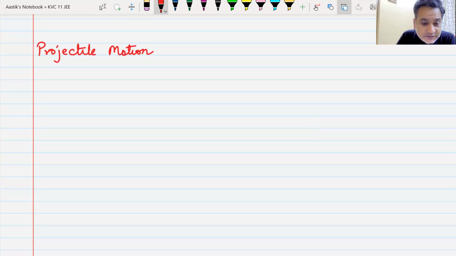Now, as soon as we say that projectile motion is an example of motion in 2 dimension, first of all, we need to understand what we mean by a projectile, or what we mean by projectile motion. Anyone heard about the term projectile and projectile motion?